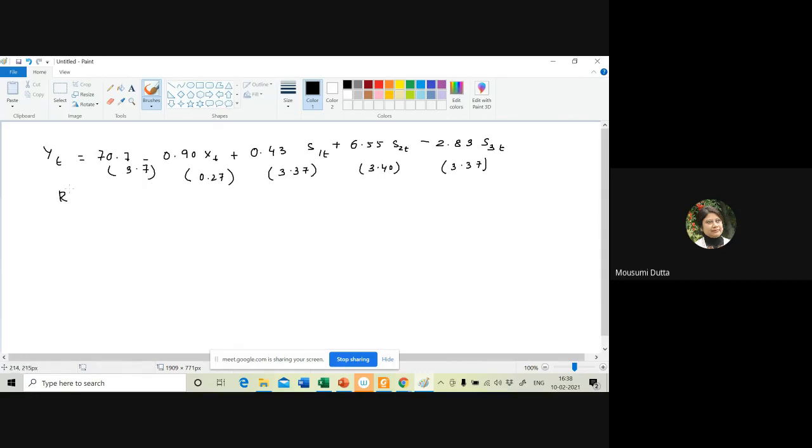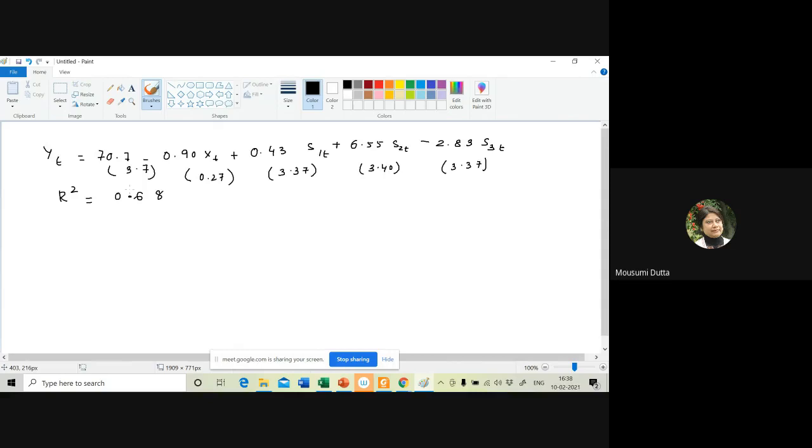R square is 0.68. So this is the model. We are considering t ratios in the parenthesis. Okay, students, t ratios are there in the parenthesis.